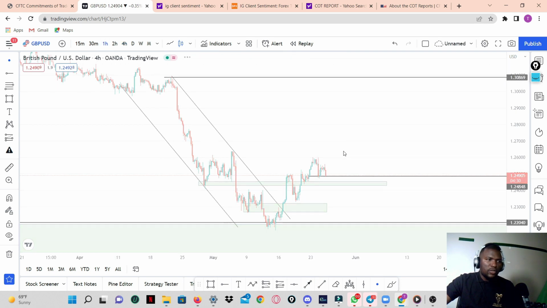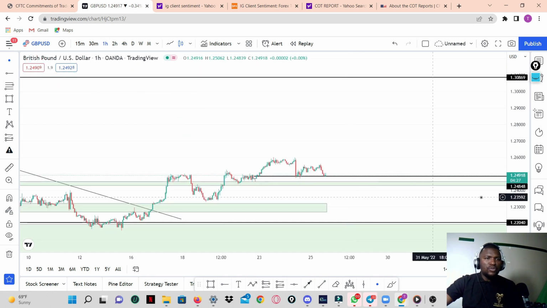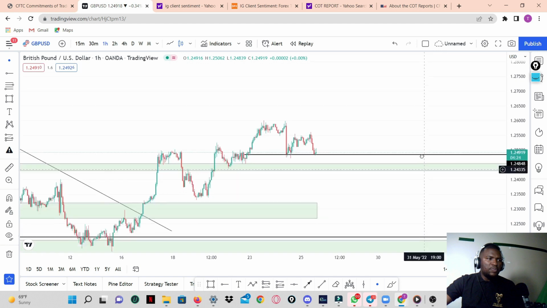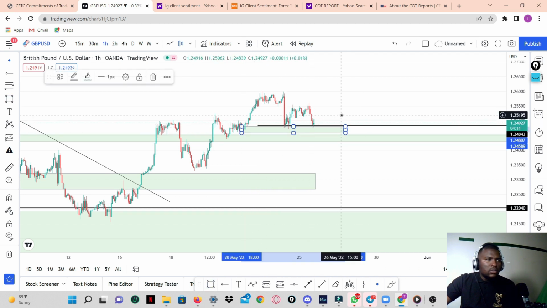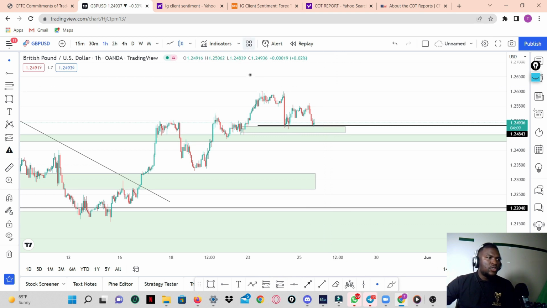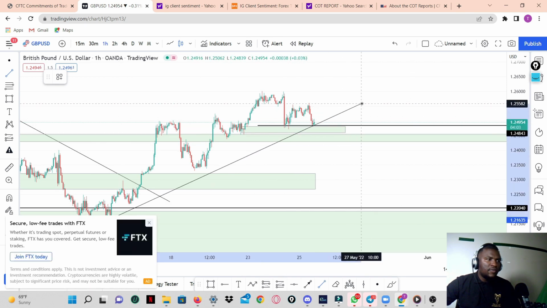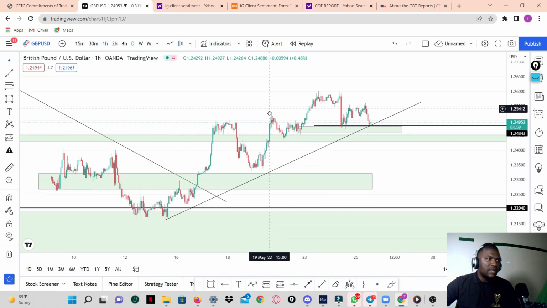So without any waste of time, guys, for GBP USD we are looking for further bullish momentum, since the market has given us some sort of zone right there. As you can see, guys, we have a strong bullish structure from these levels.